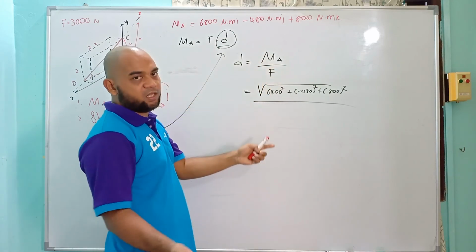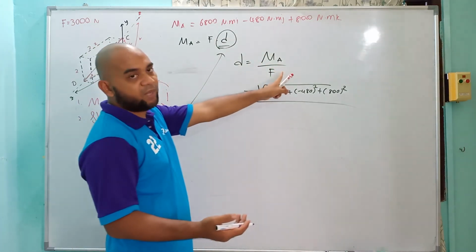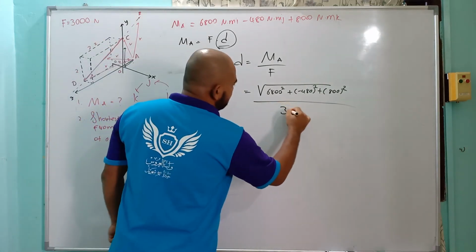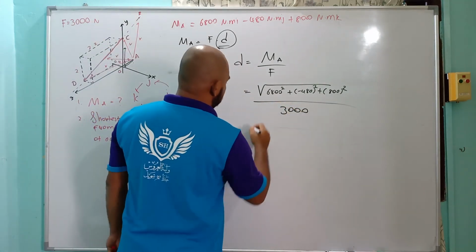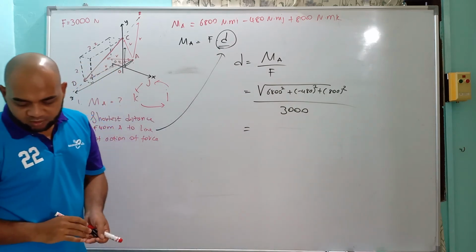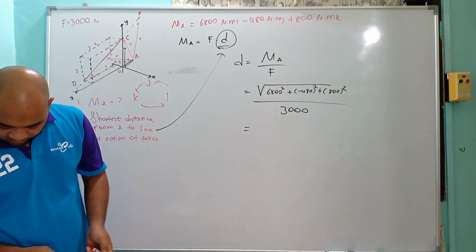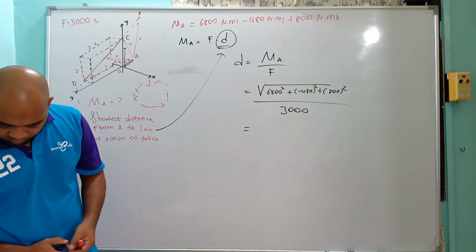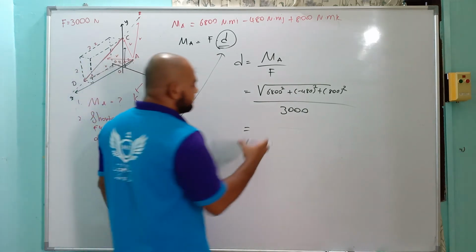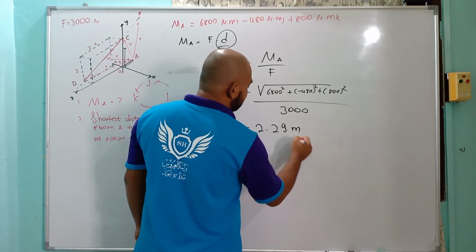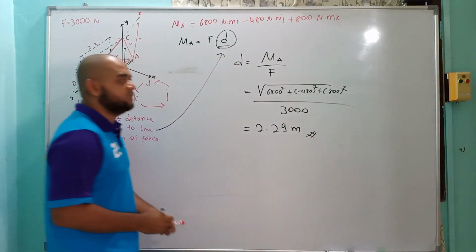F, we have F in terms of IJK, but we want to use now the magnitude of the F, which is this one, 3000. So we have the D, which is, calculate that one, you can have the D as 2.3 meter. 2.29 meter as the D.